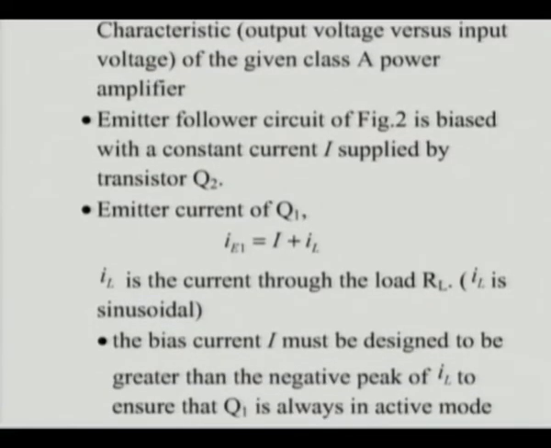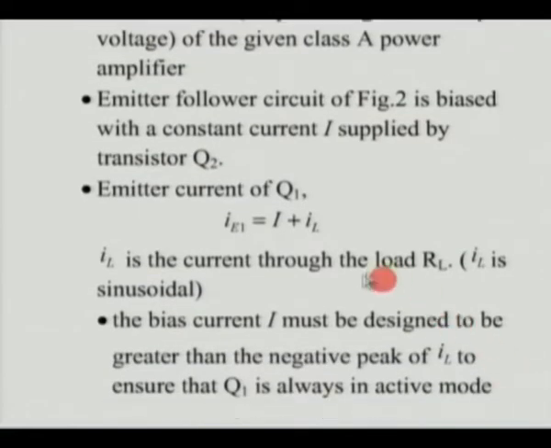When we choose I, we need to ensure that the bias current I must be greater than the negative peak of IL, in order to ensure that Q1 is always in the active mode. This we saw when we looked at the signal waveforms.